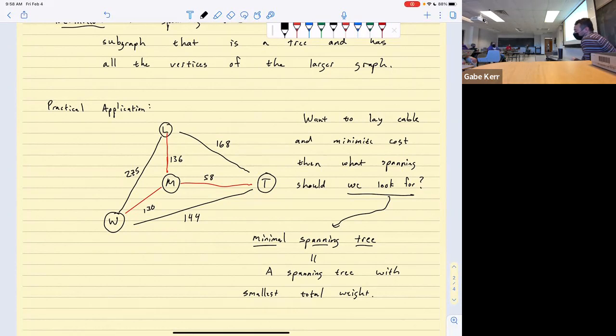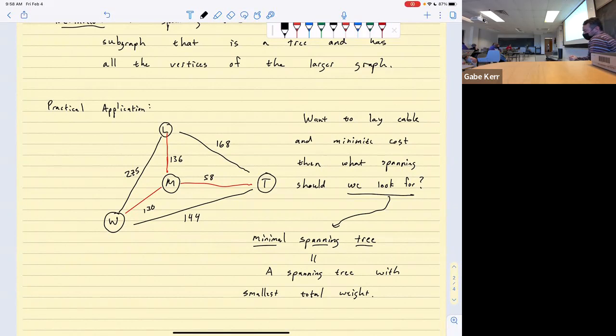So the goal there, you're not going to get away with telling them, listen, guys, you should lay a cable between all of your cities. They're smart. Us here in Kansas and Lincoln, Nebraska, we're smart enough to see right through that. You might get away with saying, hey, we've got a spanning tree here, so we're just connecting every city to another city once.